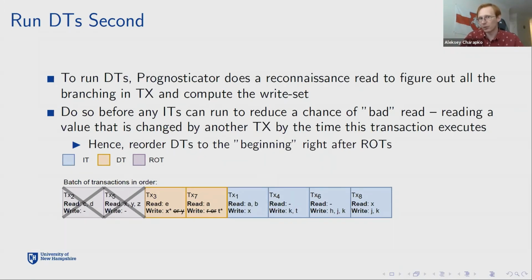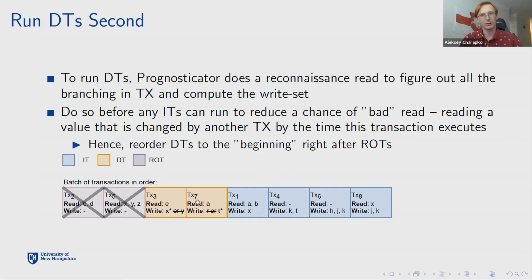It can try to run them sequentially, but again, that's not the purpose here. We want to run them in parallel, so we need to figure out whether they have dependencies or not, right? So to figure out the right set, they need to perform a read. This is when the reconnaissance read comes into play.